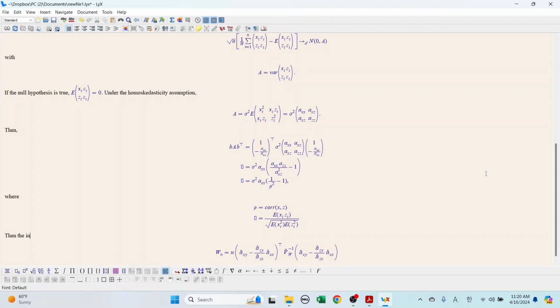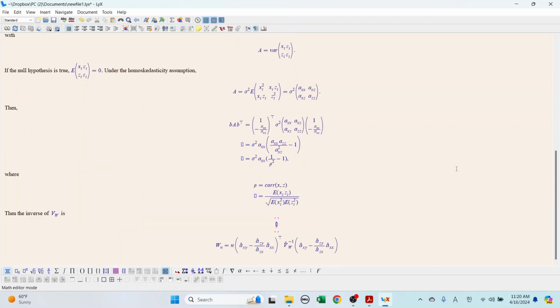Then the inverse of V, say for the Wald test, is something like this.